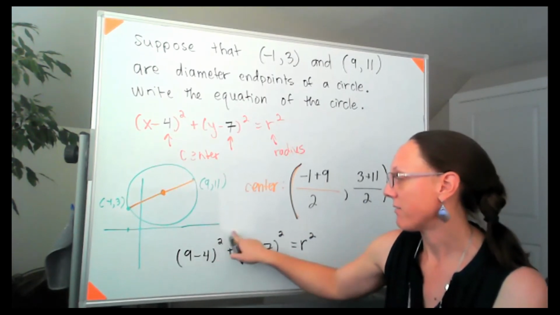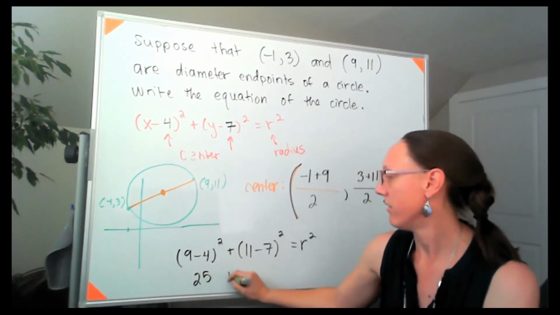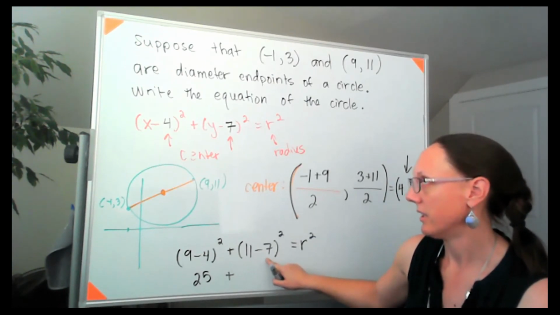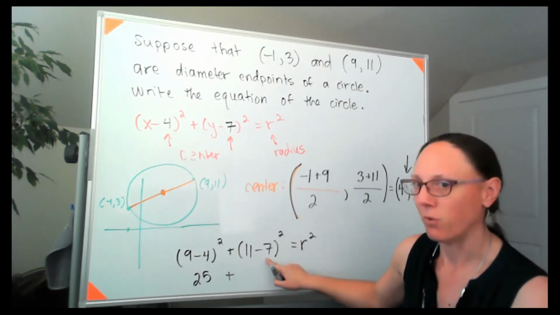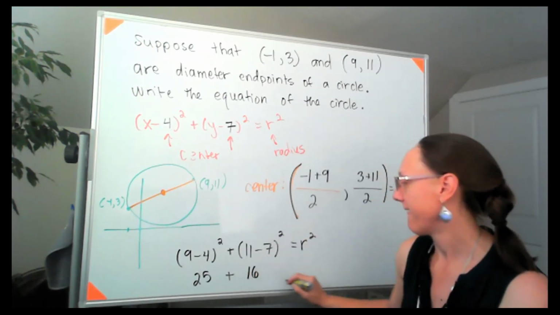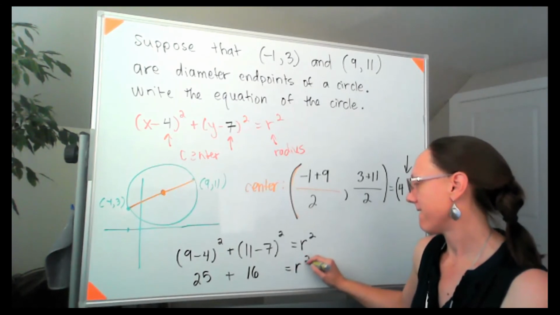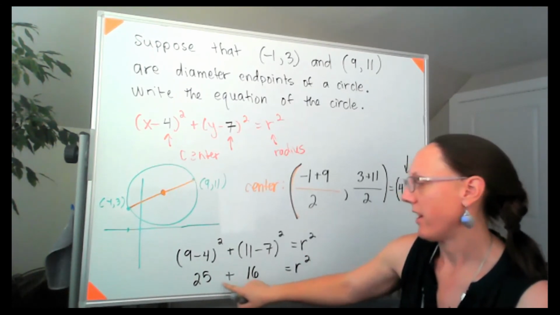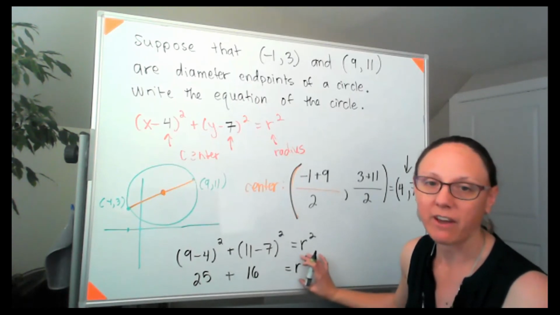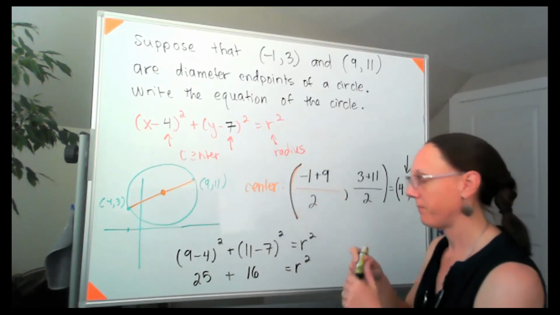So I've got 5 squared, that's 25. 11 minus 7 is 4. 4 squared is 16. 25 and 16, I think it's 41. So my r squared value here is 41.